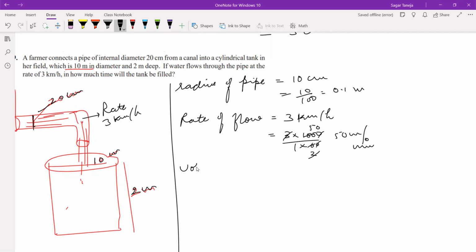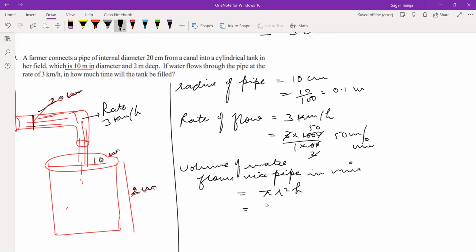Okay, so the volume of water that flows via the pipe in one minute, because this speed is also in meter per minute, so in 1 minute. So in 1 minute, how much water will flow through the pipe, that we will be able to calculate by using the volume of a cylinder, because the pipe is in the shape of a cylinder. Pi r square h.